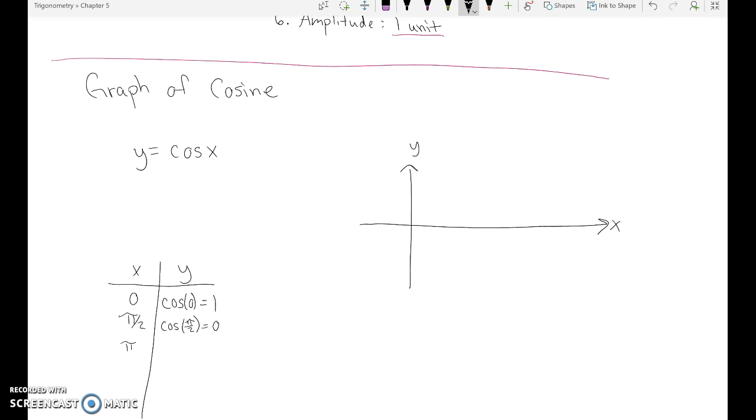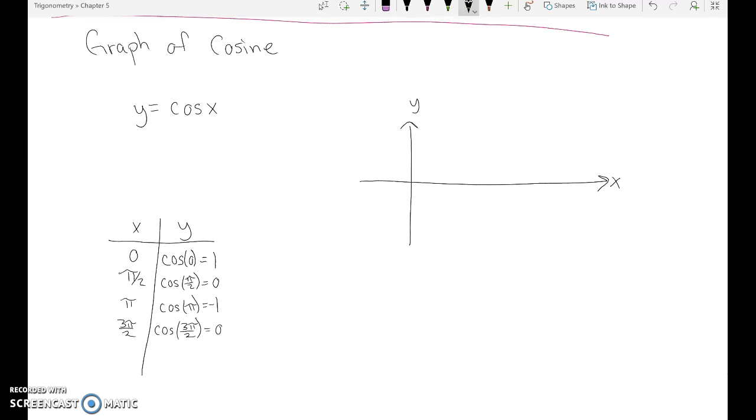When I stick in pi, then I take cosine of pi and I get -1. When I pick 3 pi halves, cosine of 3 pi halves will give me 0 again, and then I'll go all the way out to 2 pi, and cosine of 2 pi is all the way back around to 1 again.